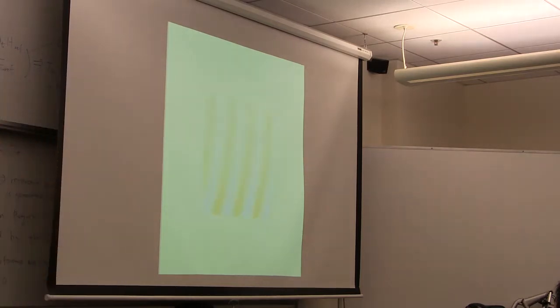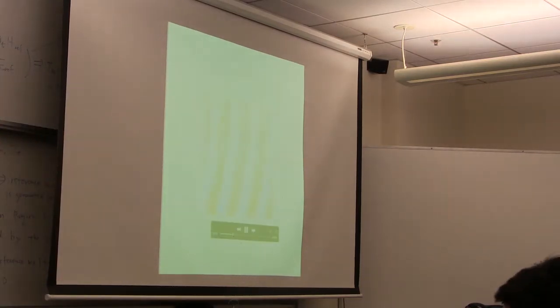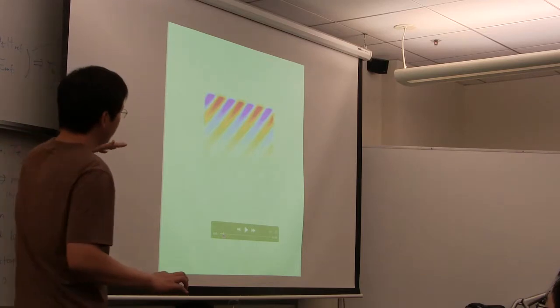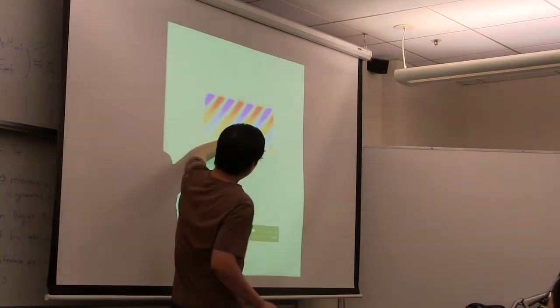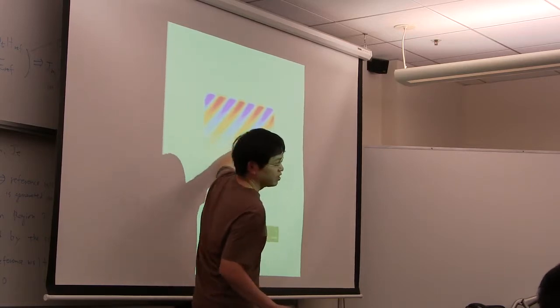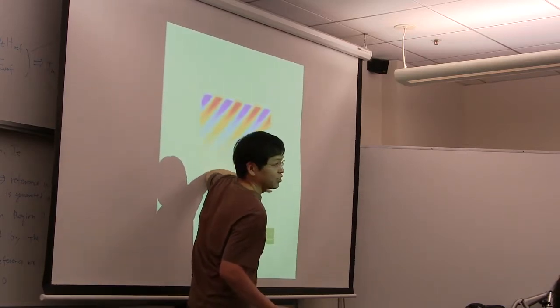I'll play this again, and I'll stop actually here. So if you see how this oblique incidence wave is generated or appears inside the region 1, the boundary of the oblique incidence wave propagates in this direction, right?